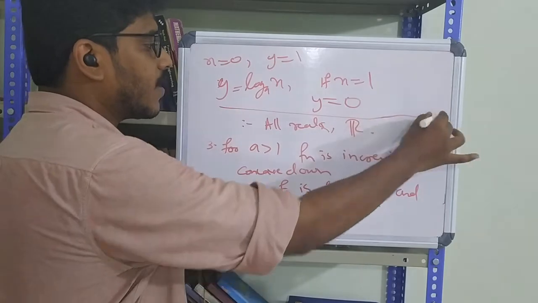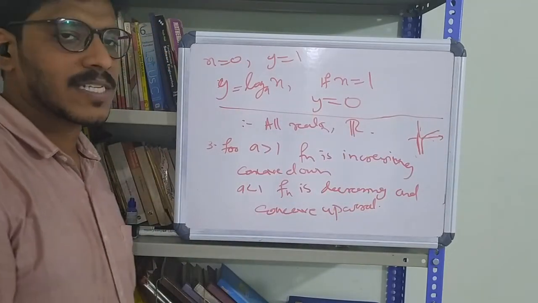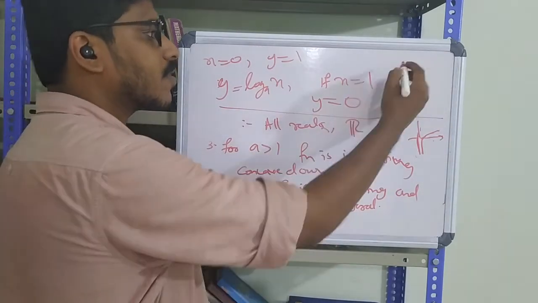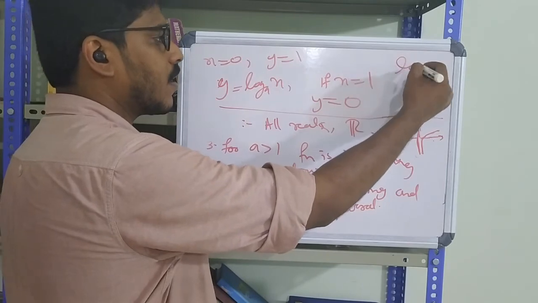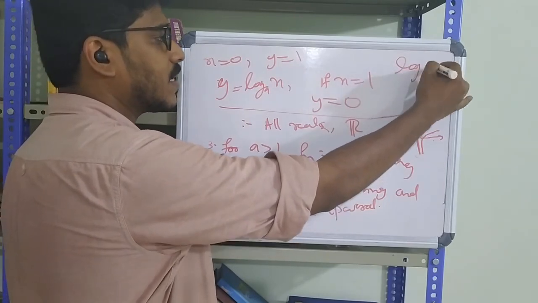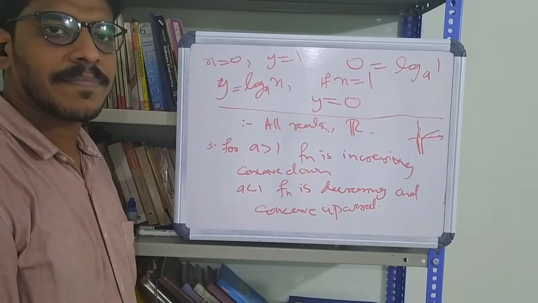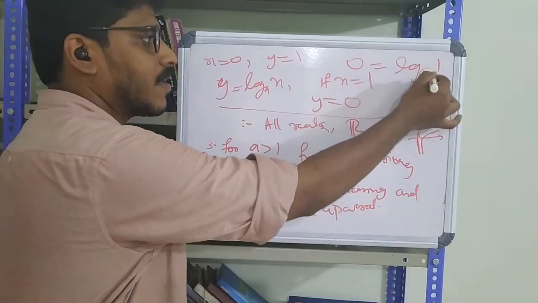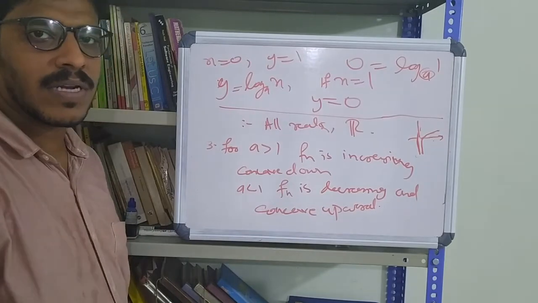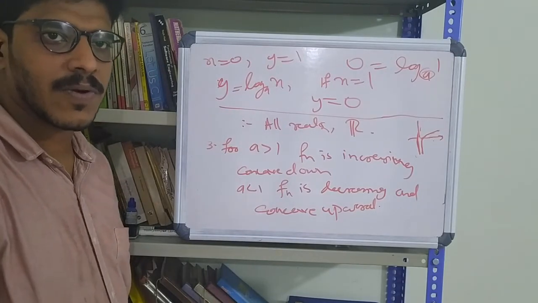Or in other words, simply log to the base a of 1 is equal to 0. Whatever a you have here doesn't matter. The logarithm value of 1 is always 0.